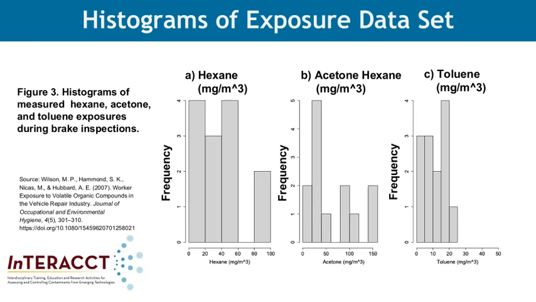They are, however, kind of right skewed. This means that most samples have relatively low concentrations, and the bars on the left side of the graphs are tall. But a few samples have higher concentrations, and the bars on the right side of the graphs are lower. These graphs are typical of exposure measurement data.